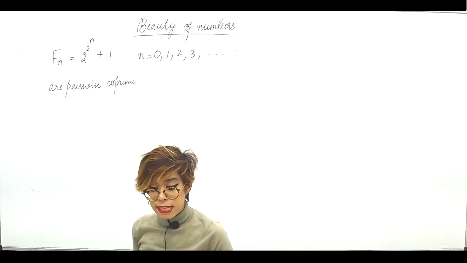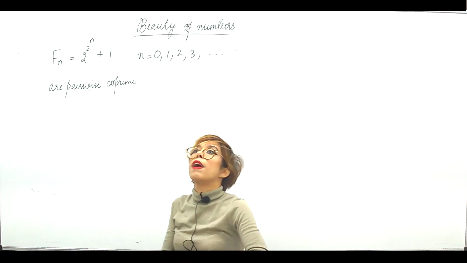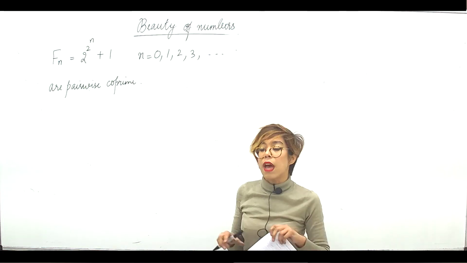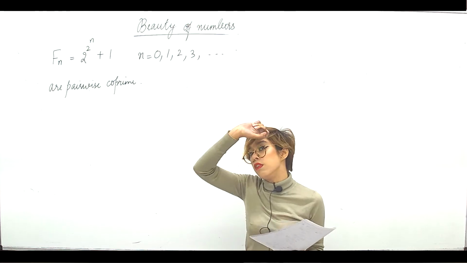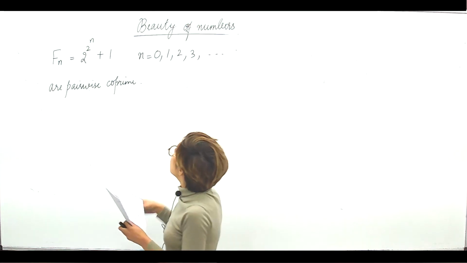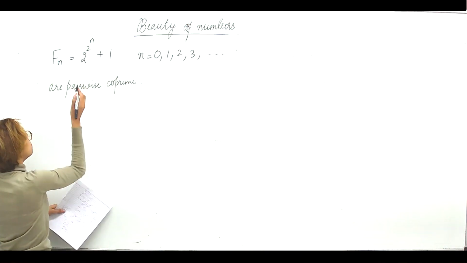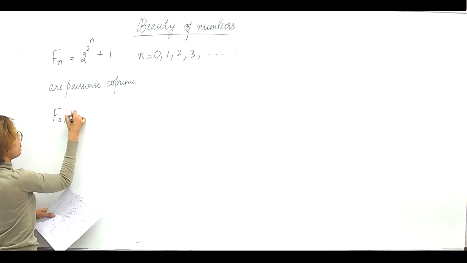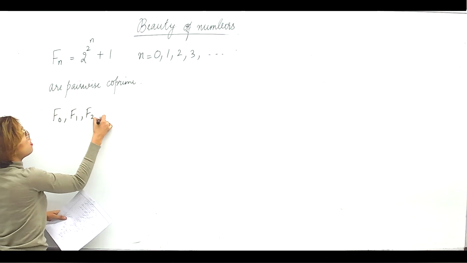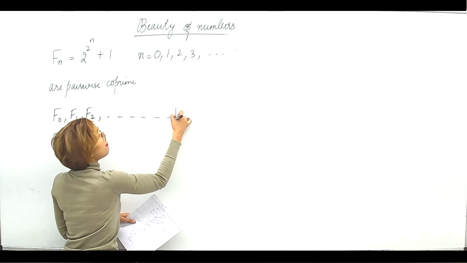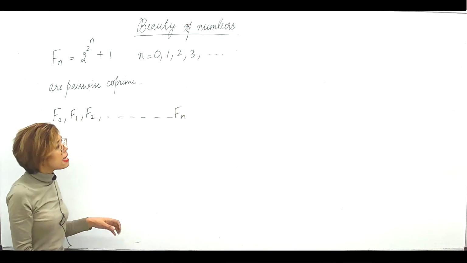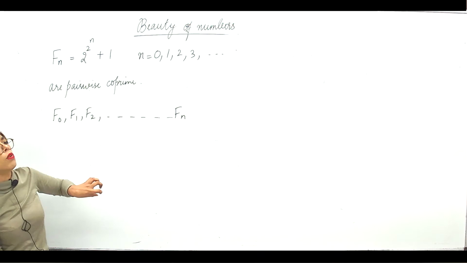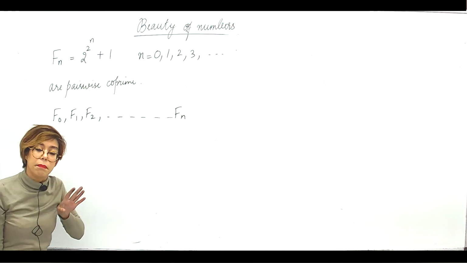Now, obviously, since I have to prove something, I cannot take just 5 examples. I have to move in a very general fashion. So obviously, I will have many numbers: F0, F1, F2, and so on, I will have Fn. He says if you pick out any two numbers out of this, they should be co-prime.